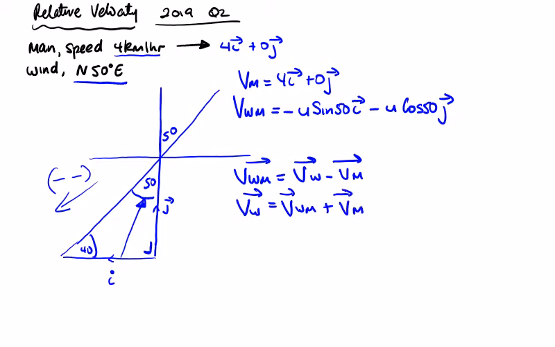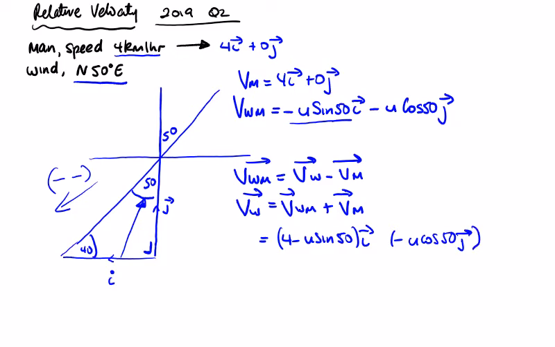Filling those in and adding the two together, we have the two i's together, 4 minus u sine 50 times i, and we just have minus u cos 50 times j. So that's the vectors in relationship, the man and the wind.